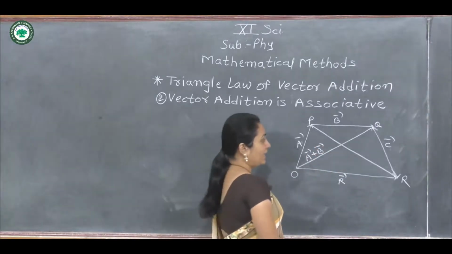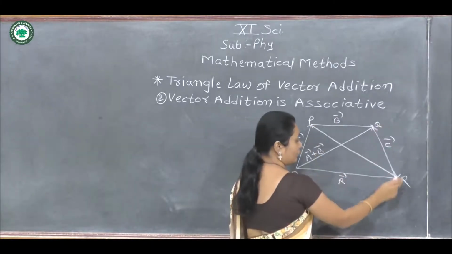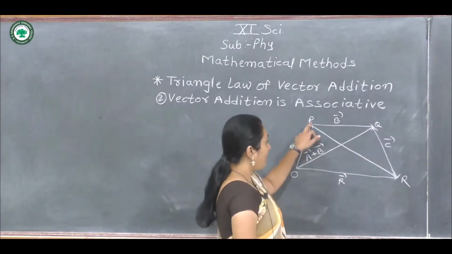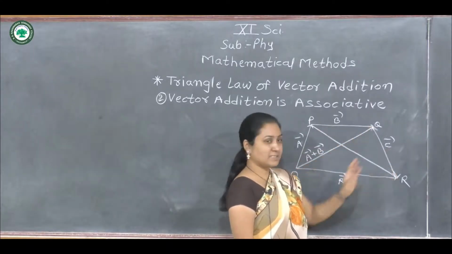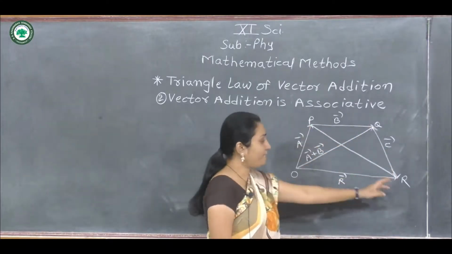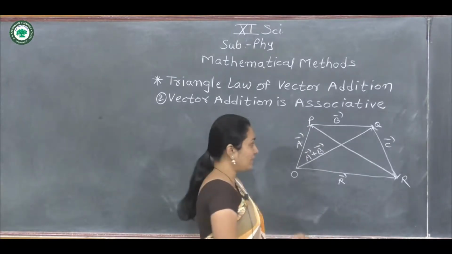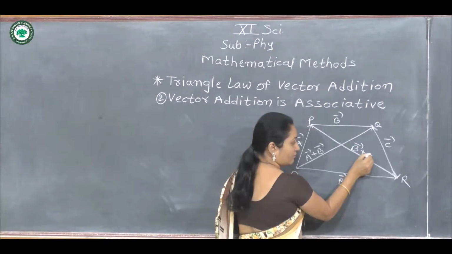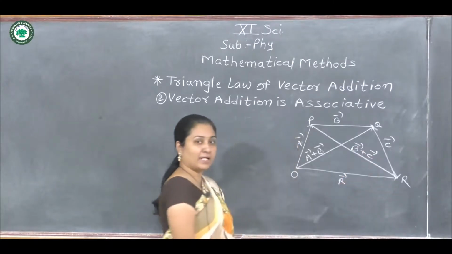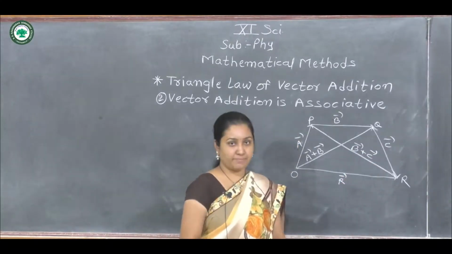Similarly, in triangle PQR, PQ is B bar and QR is C bar, so PR is the resultant vector, the addition of two vectors, that is B bar plus C bar.